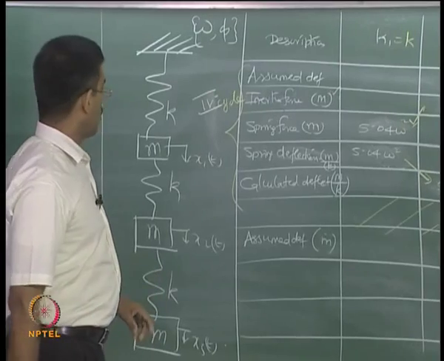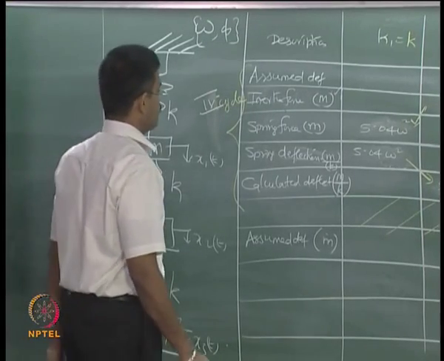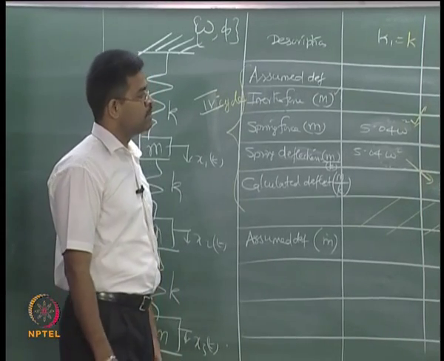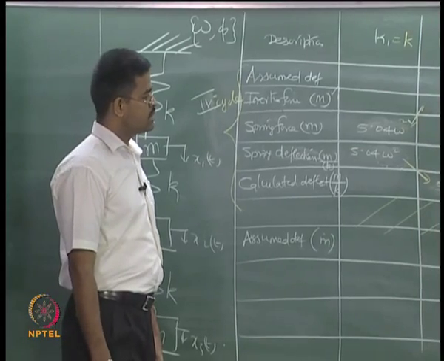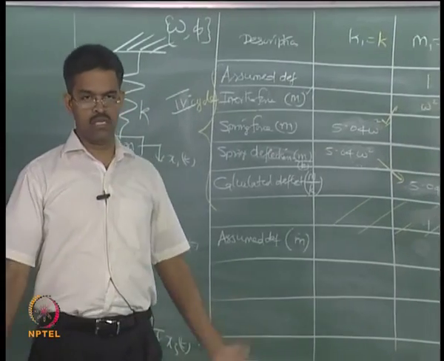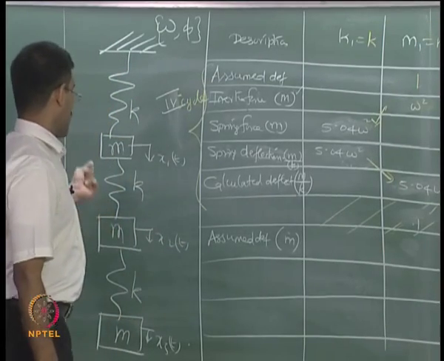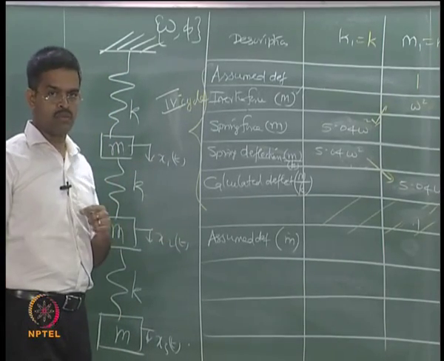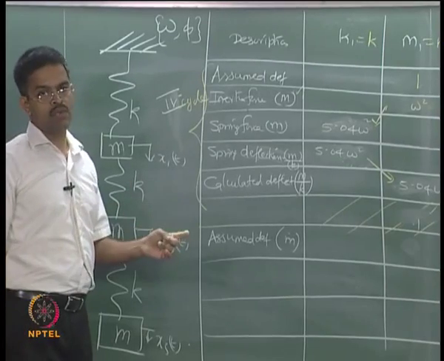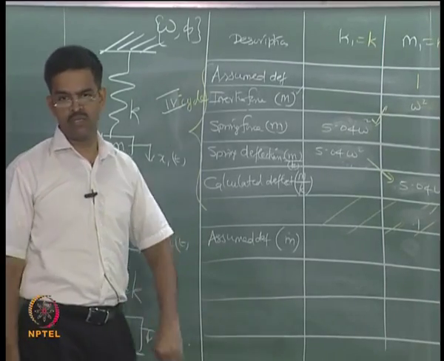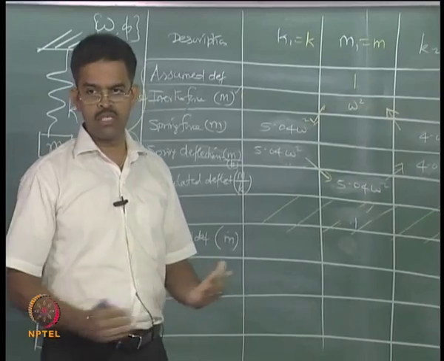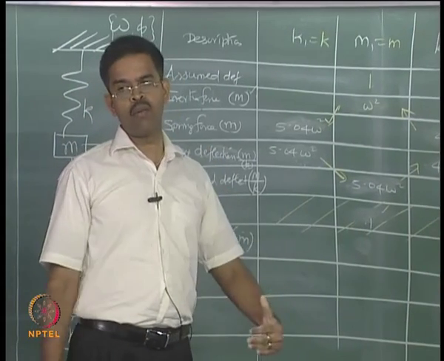Now let us quickly see how we can solve the same problem using the influence coefficient method and Dunkerley, and compare all these three methods. Once I understand this, I will ask you to do the same problem using a classical eigensolver and compare all of them, and you should be able to write a program, and I will give you 2 more methods in the next class. You must write a program of all the 6 methods comparing any problem of my system.